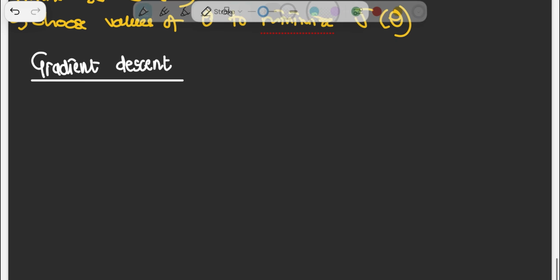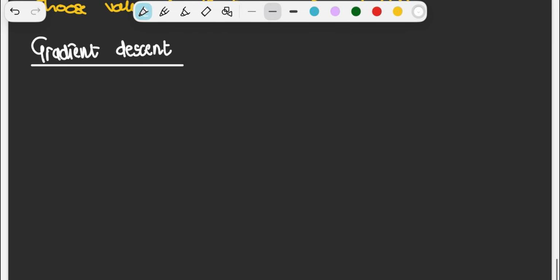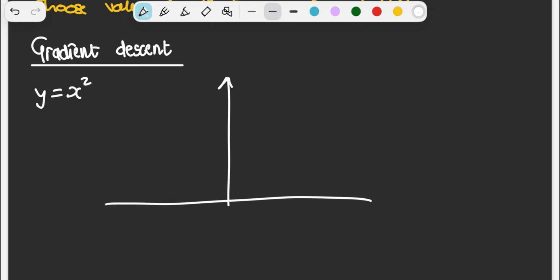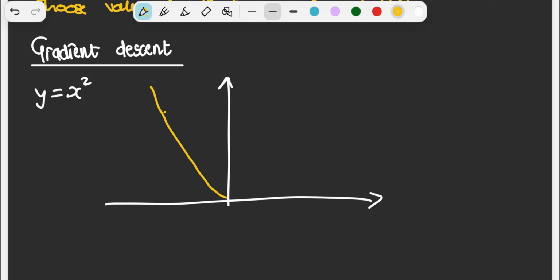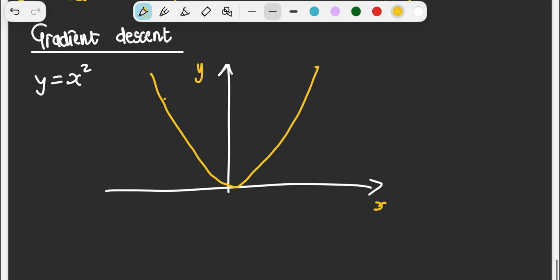So let's start. Let's say I were to give you a function, y is equal to x squared. Okay, you can basically plot this graph very simply and obtain this shape. Okay, this is y, this is x. Simple.